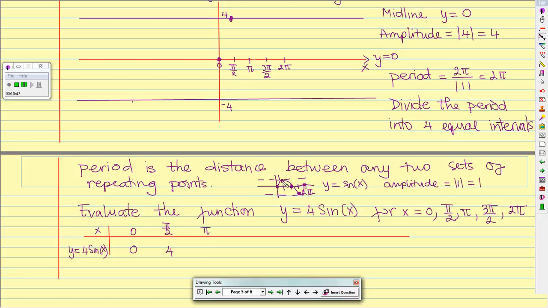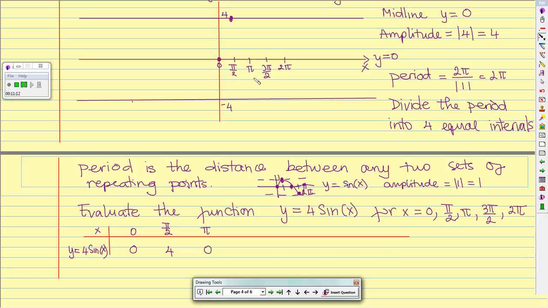And then if x equals pi, so you can see that the set of 5 points will be very similar to the set of 5 points from our parent sine function, except the amplitude is 4, so it will be a vertical stretch. So your y max will be 4, your y min will be negative 4.